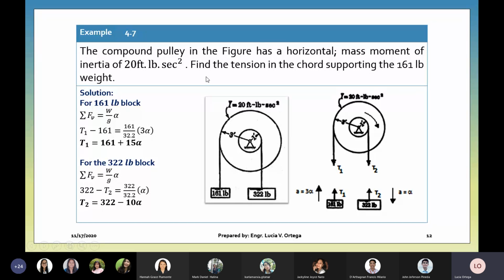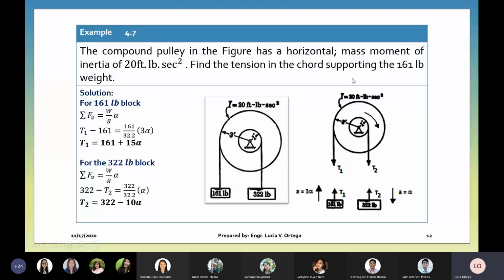The compound pulley in the figure has a horizontal mass. Oh, there's something missing in the problem. Anyway, support maybe. Mass moment of inertia is 20 pound-foot-second squared.